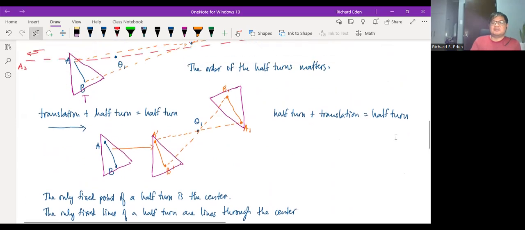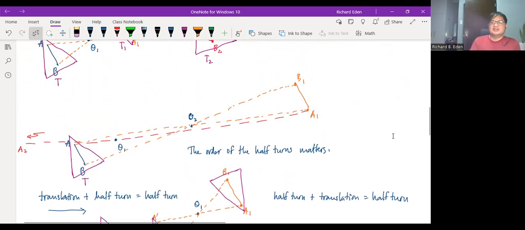Okay, so when we combine them, let's say we do 7 half turns. So that's going to be 6 half turns plus 1 half turn. But 6 half turns is a translation. And we just talked about how when you do a translation plus a half turn, that's going to be a half turn.